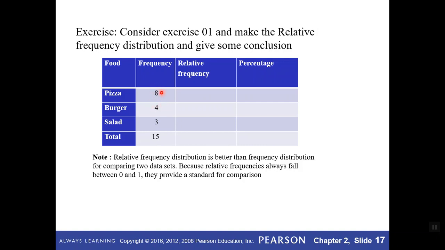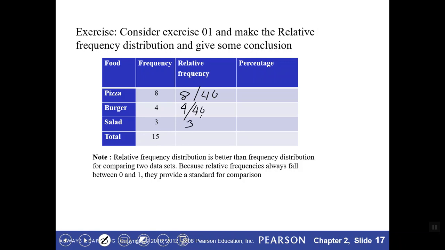The frequency divided by the total number of foods or total number of preferences. So 8 divided by 14. Next one is for burger. 4 is the frequency divided by 14.